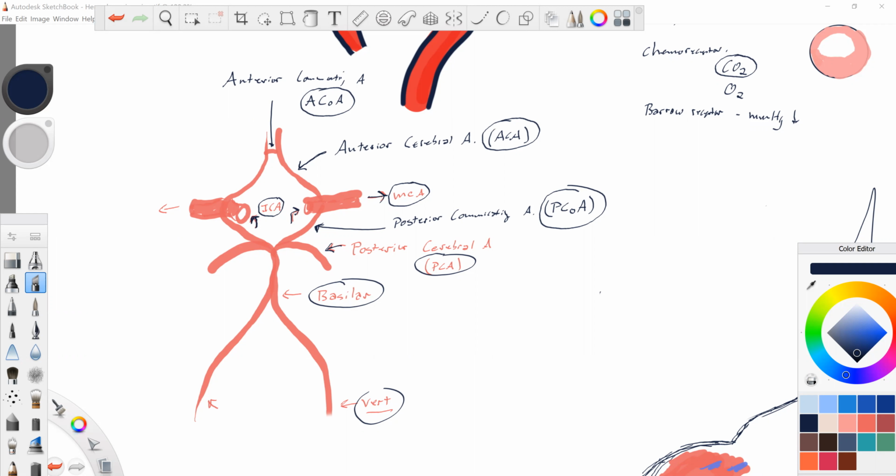By the way, one last thing and then I'm done. So with a subclavian steal, let's say it's on the left side again, blood comes up and down.